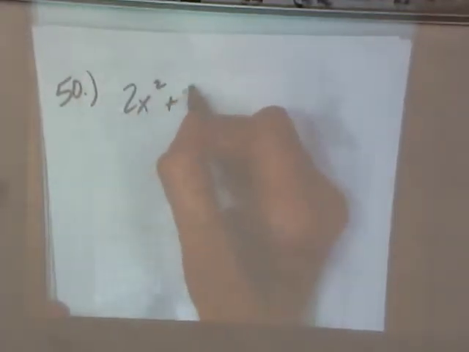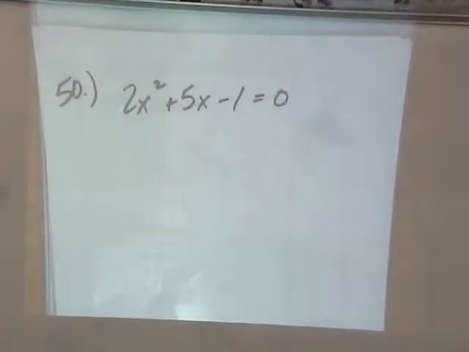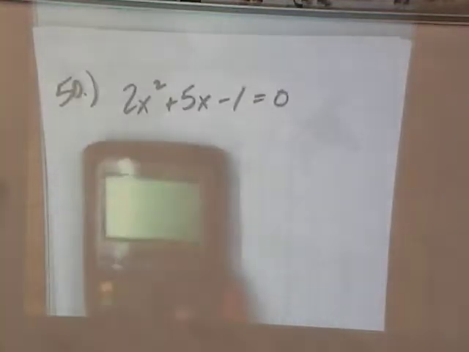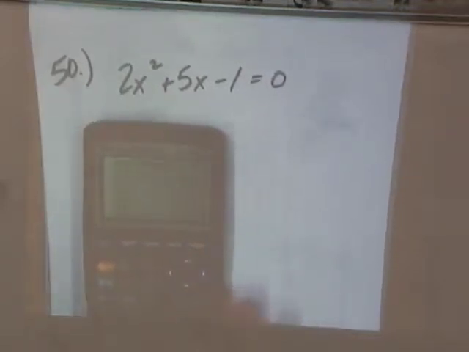50. What is the approximate solution? This is the calculator portion. I would just graph it, find out where it crosses the x-axis. If they're going to choose a calculator, why not? On y1, put the left-hand side of the equation.